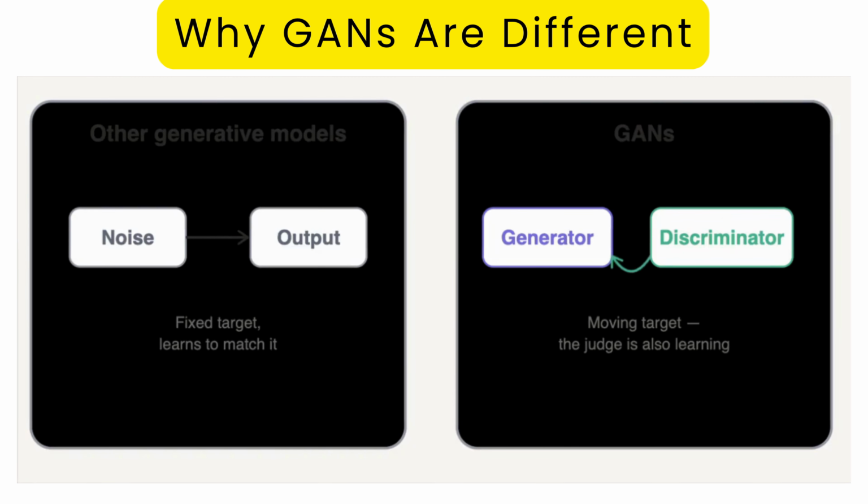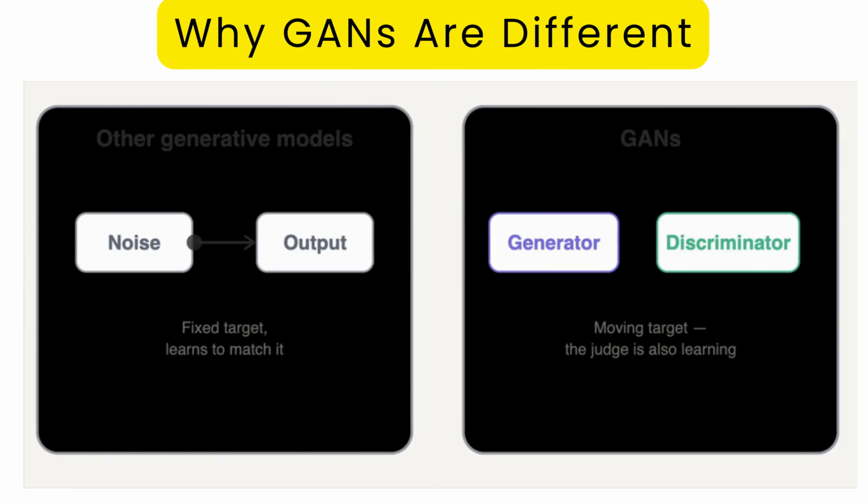If the discriminator becomes better at detecting fake images, the generator has to become better at creating them. And if the generator becomes better at creating realistic images, the discriminator has to become better at detecting them. This competition can produce very realistic outputs, but there is also a downside to this.